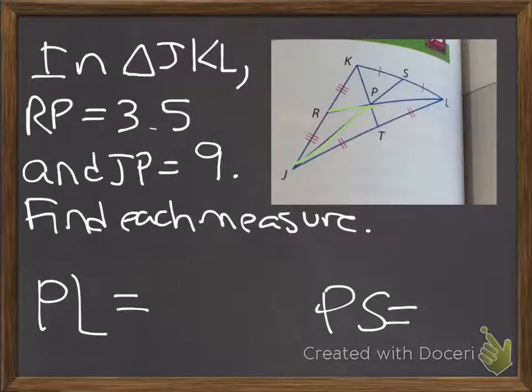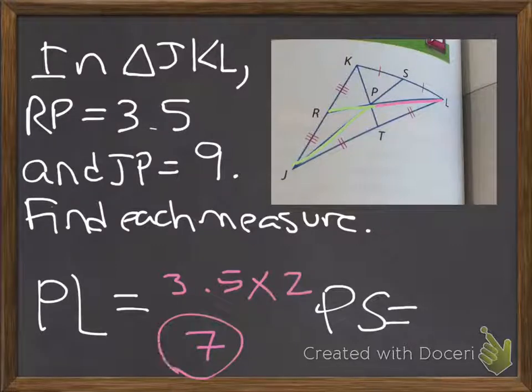So if we're going to find the parts here, to find PL, which is the other part of RL right here, that's going to be 2/3 of the total. If 1/3 is 3.5, we just multiply 3.5 by 2 to get 2/3, which gives us 7. And then the total RL would be 7 plus 3.5, which would give us 10.5, but it's not asking for that.